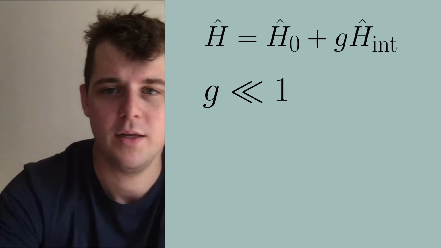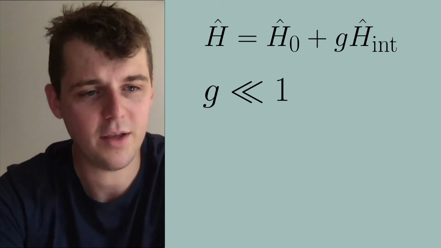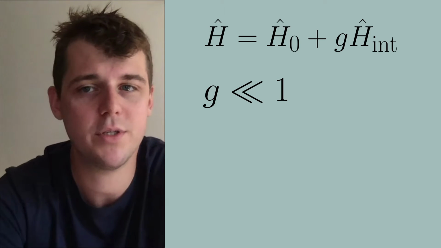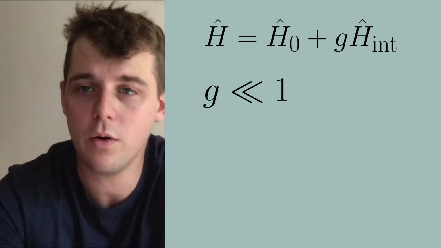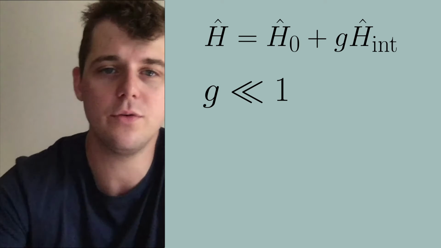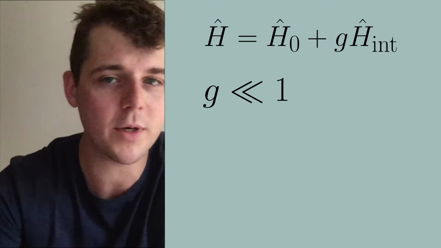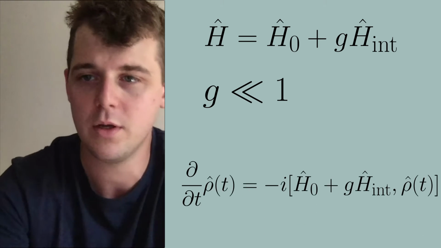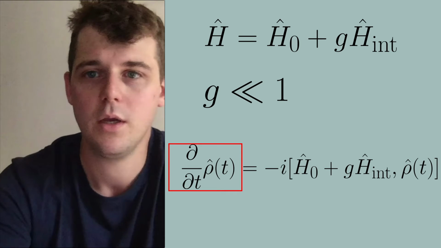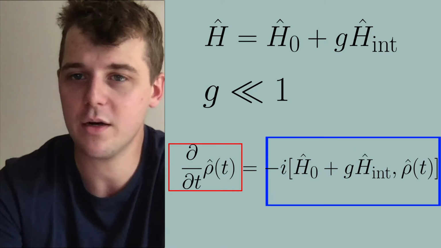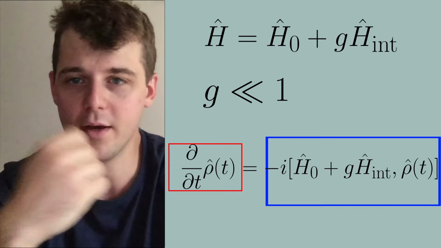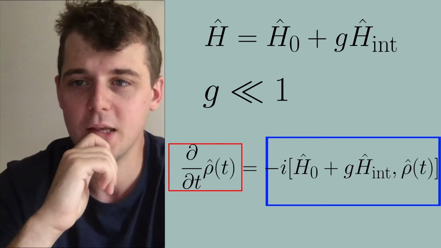As I think, John, you've gone over already in some past videos, we know that density matrices, rho, as we're usually used to denoting them, evolve according to some von Neumann equation or Liouville equation, which essentially says the rate of change of rho is proportional to the commutator of the full Hamiltonian with rho, and there's a minus i in front of this commutator.